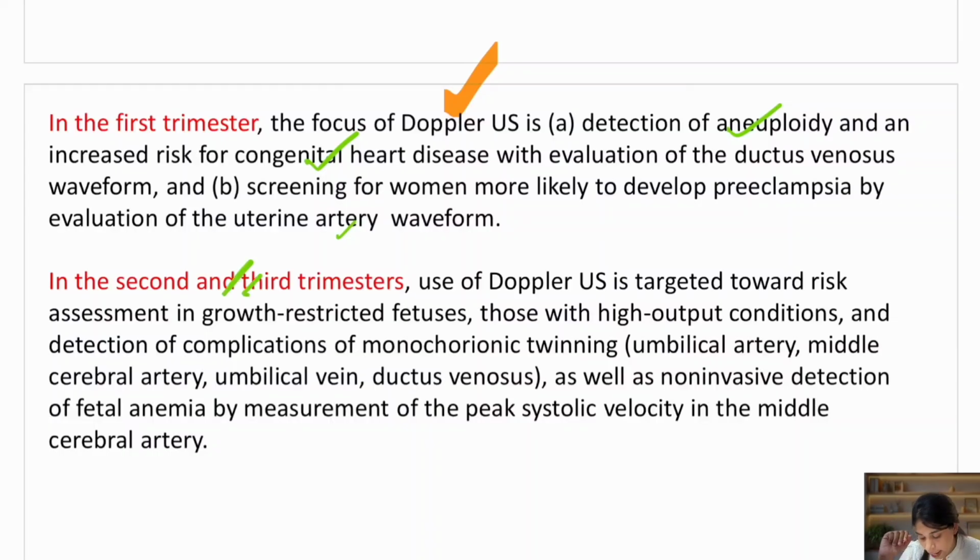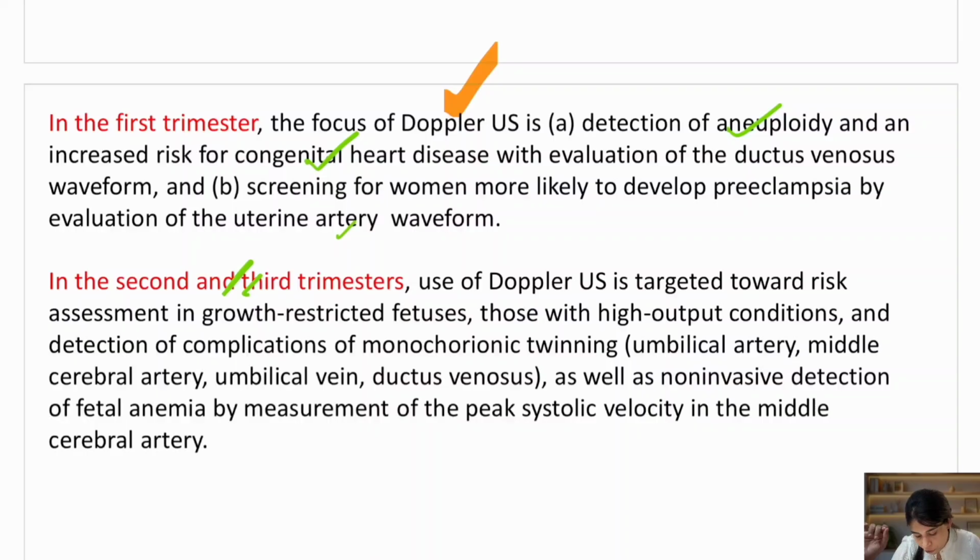In the second and third trimester, the detection of IUGR is very important. For this, the important Dopplers are umbilical artery, middle cerebral artery, umbilical vein and ductus venosus. For preeclampsia, it is again the uterine artery, and for fetal anemia, measurement of peak systolic velocity in the MCA Doppler is important.